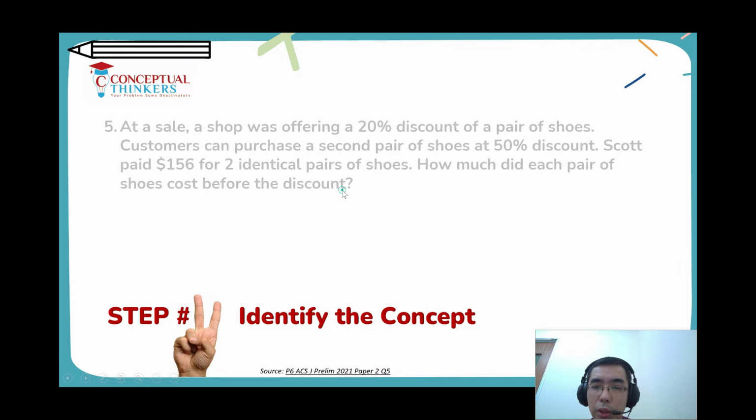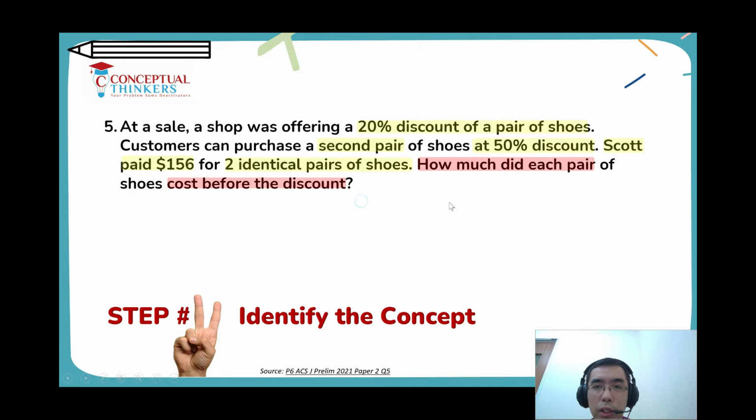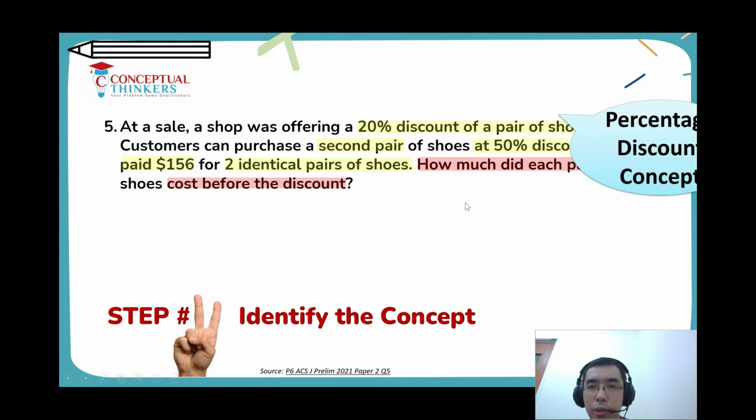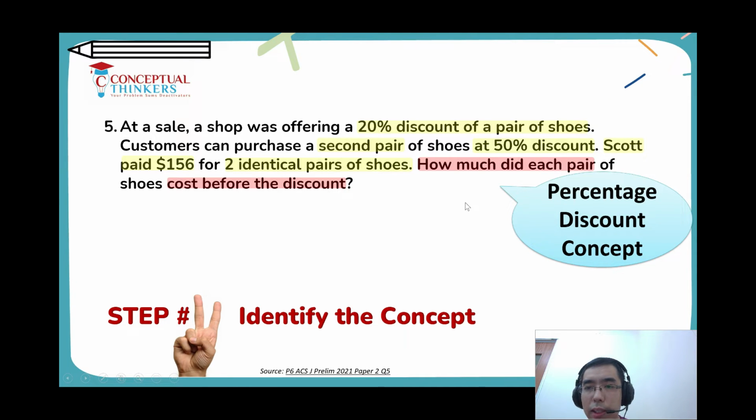So next we need to identify the concept. To do that, first we need to identify the key phrases, then we link it to our concept. In this case, we are talking about percentage discount concept. So first pair of shoe, we need to calculate taking 100% minus away 20%, then we will get 80%.